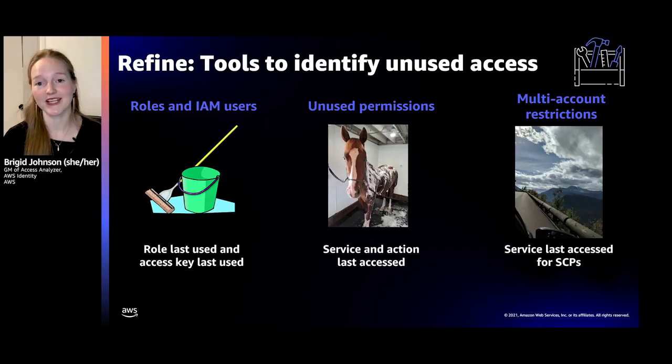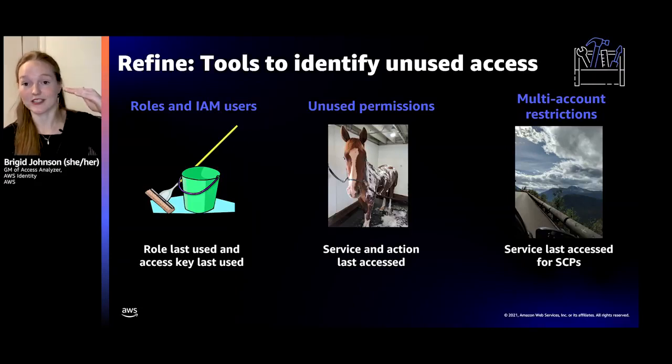And then when you want to bump up some of those guardrails across your accounts, we actually provide service last access for SCPs. So you can go look at your SCPs, see which services you haven't used, and then yoink out the ones that you haven't used and just deny access. Like, we don't use that here. We're good. I like to pick on directory service because my office mate used to run directory service.